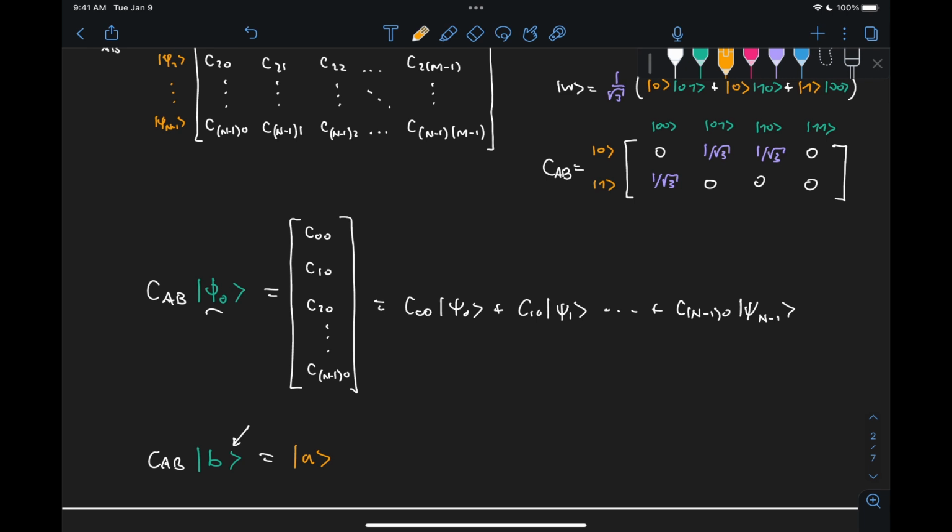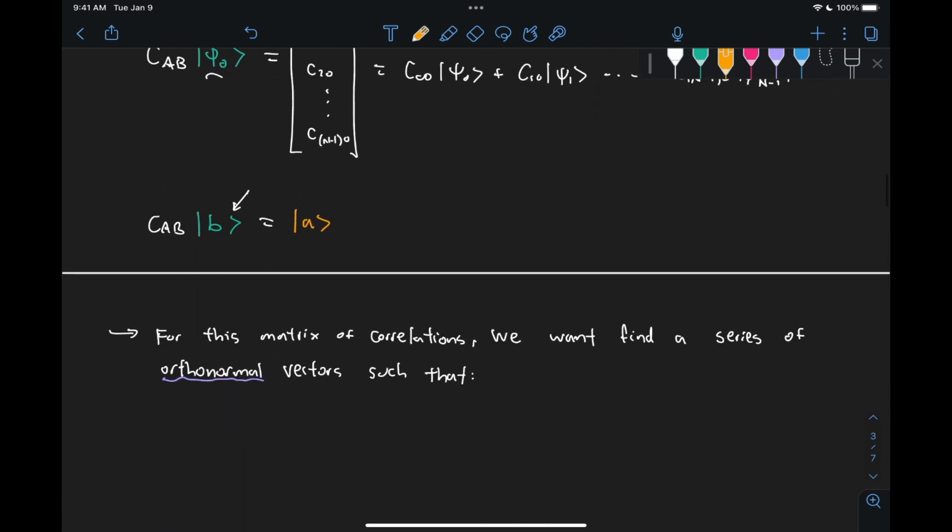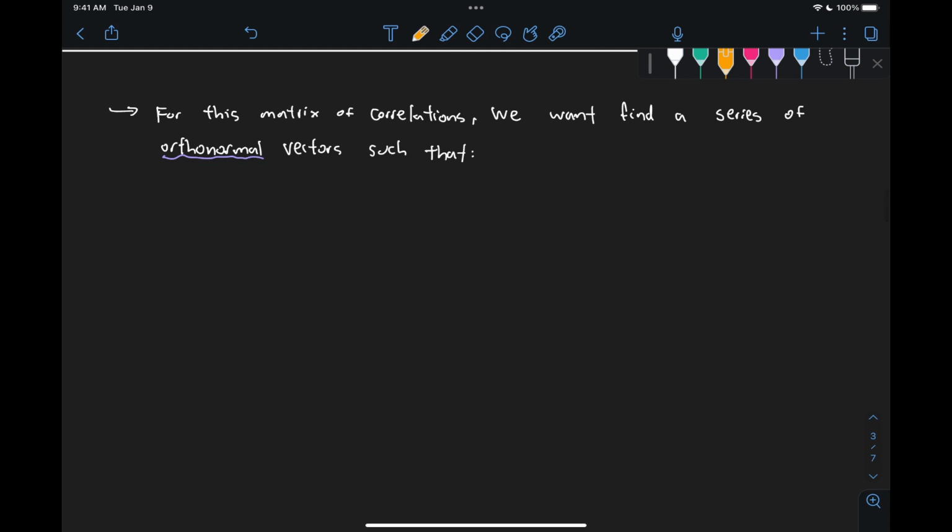Well, because now that we have this matrix, maybe what we can do is find a series of vectors that are orthonormal in the space of subsystem B, that when we apply this matrix CAB to these vectors, let's call them V sub k, we end up mapping to a series of also orthonormal vectors in the space of subsystem A, so some U sub k's, and maybe perhaps pre-multiplied by some constant factor, lambda sub k.